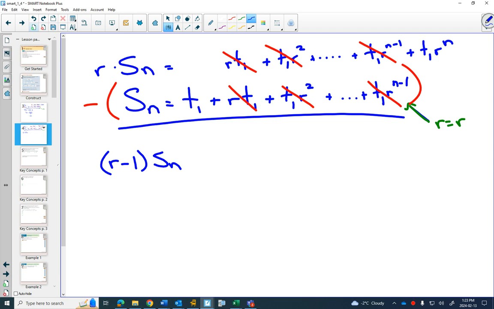Does that make sense? When I did 5 minus 1, I got 4. Now when I do r minus 1, I would get r minus 1 of them. And here, I would get term 1 r to the n minus term 1. Those are the only ones that are left. And I can get my sum by itself.